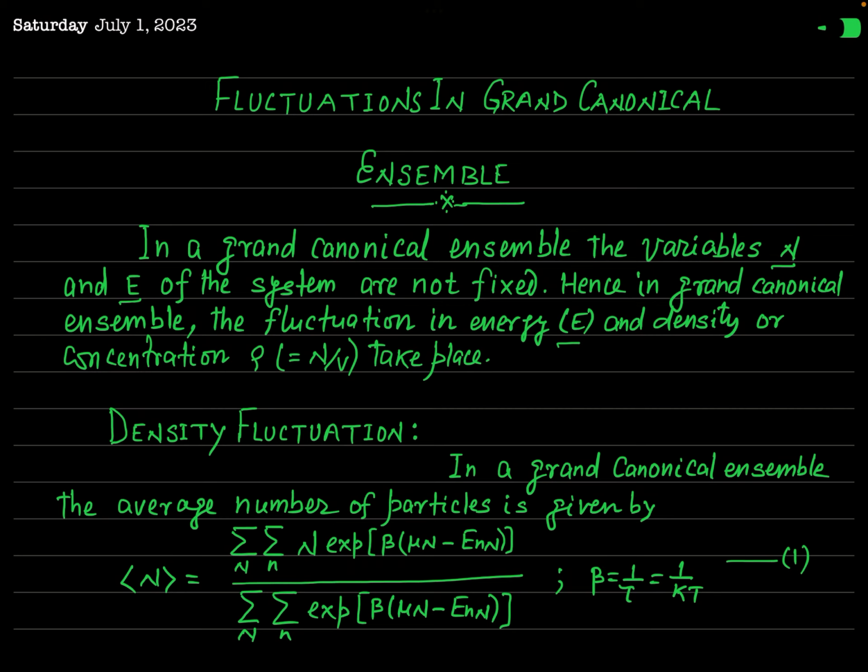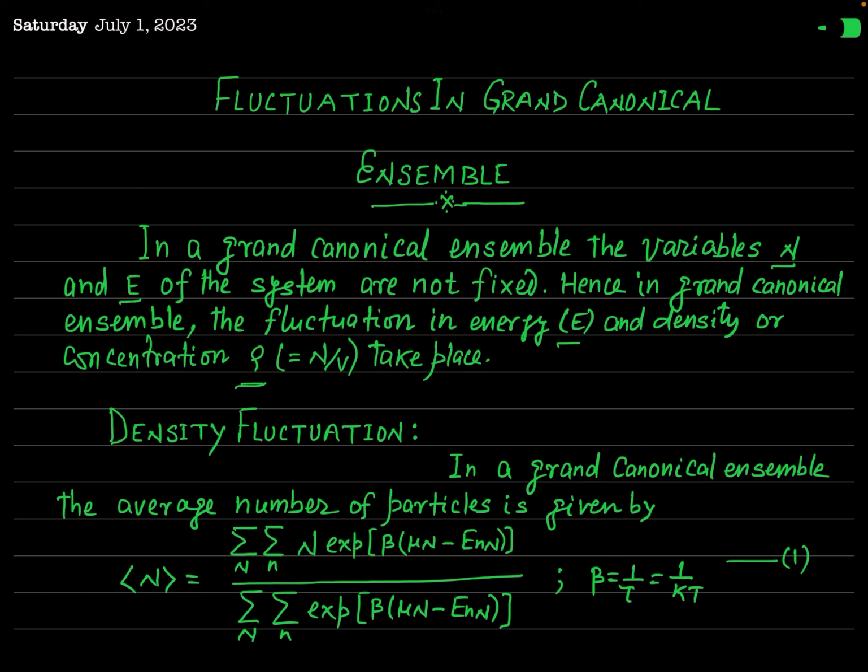When you say concentration, that means number of particles per unit volume. So when you calculate the fluctuation in the value of N, that also means we are calculating the fluctuation in density or concentration, that is number of particles per unit volume of the system.